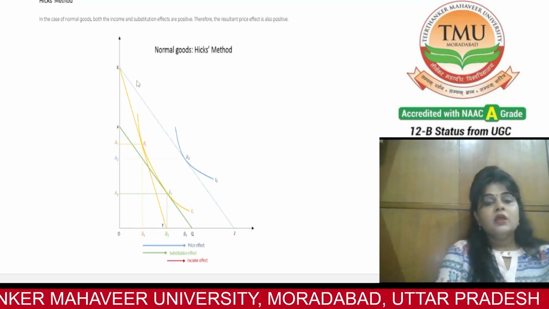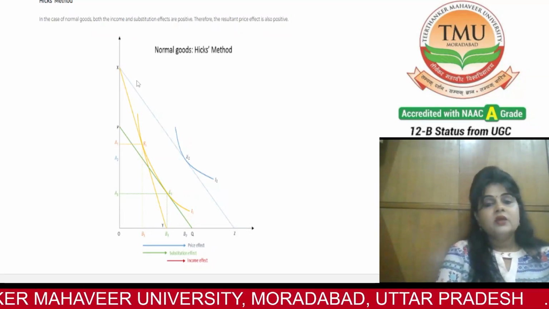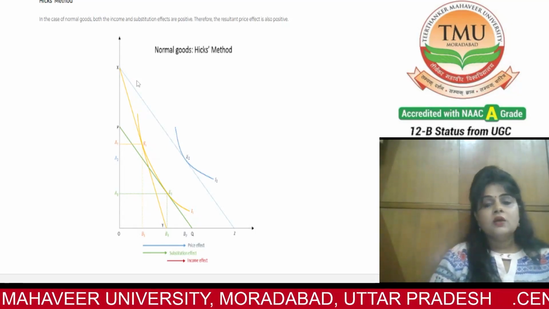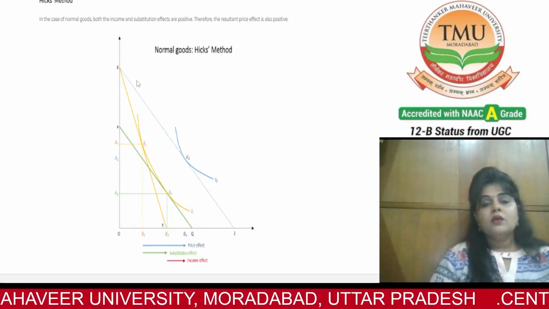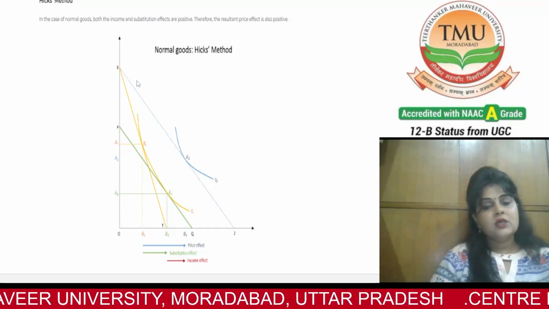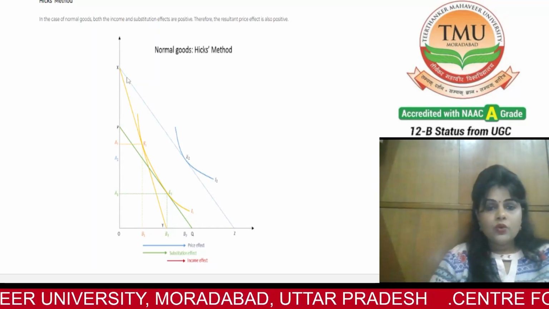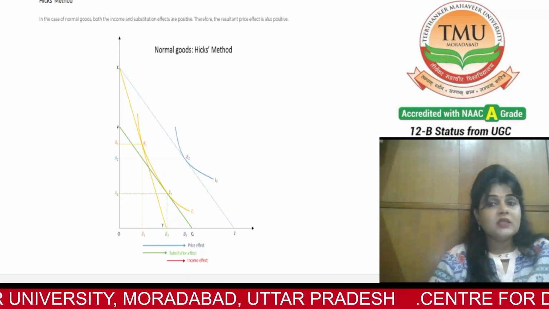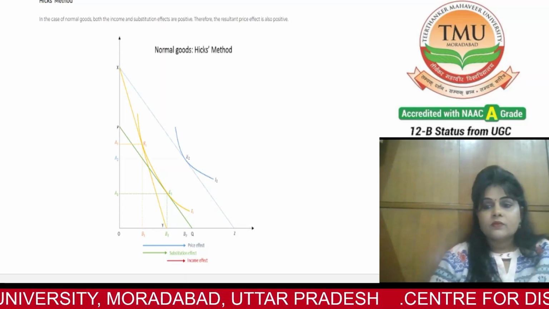The income effect can be obtained by subtracting the substitution effect from the price effect, which equals the difference between B2 and B3. Hope students you have understood this diagram well.